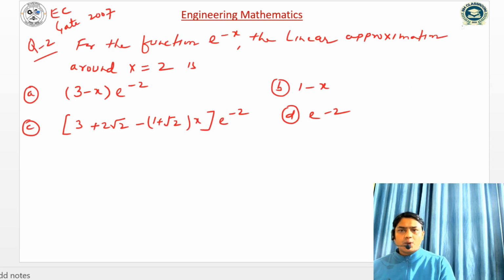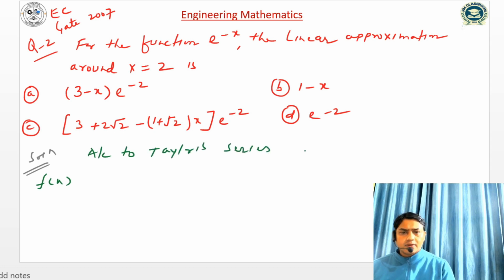Let us take another problem. For the function e to the power minus x, the linear approximation around x is equal to 2 is. So we have to take the linear approximation at x is equal to 2. So we can write according to Taylor series, f(x) at x is equal to 2.